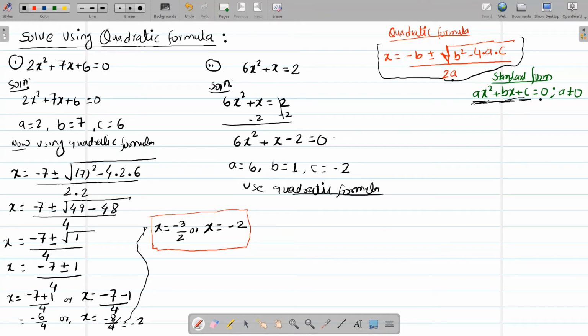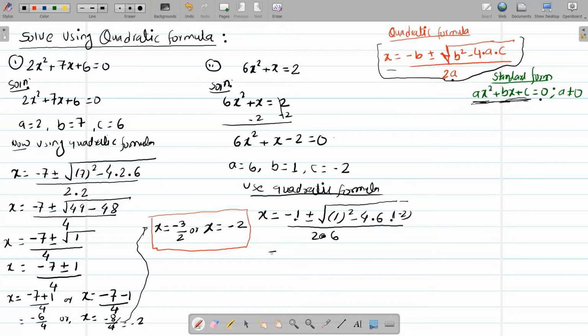So our quadratic formula is this: x is equal to minus b plus or minus. So now you can write x is equal to, what is our minus b? Minus b means -1, plus or minus the square root of b square, 1 square, minus 4 times a, which is 6, and c, which is -2, over 2a. 2a is 2 times 6.